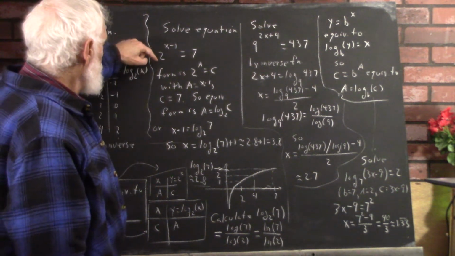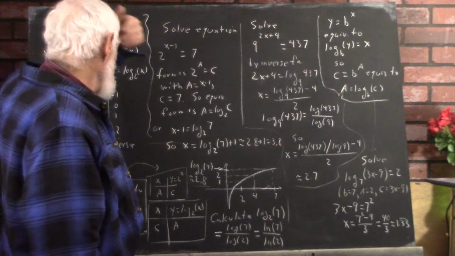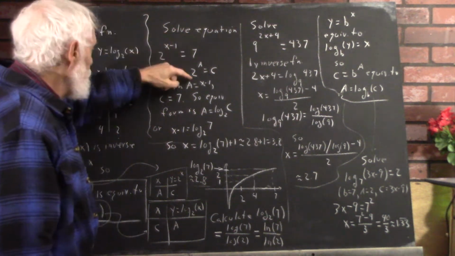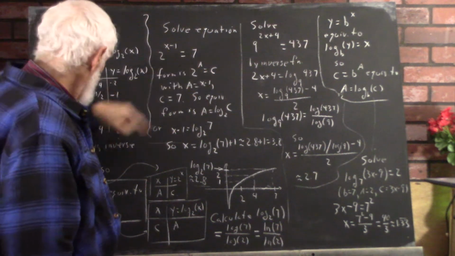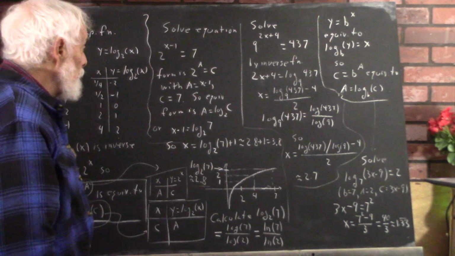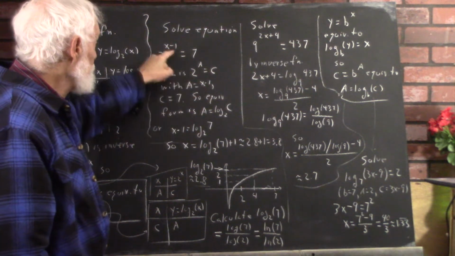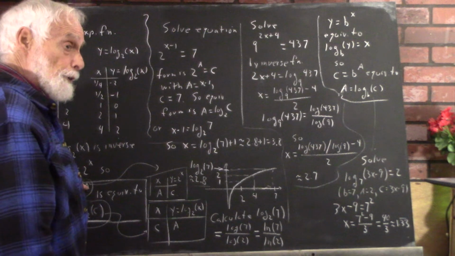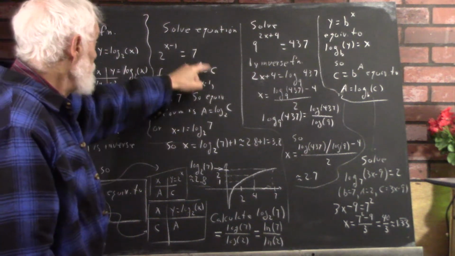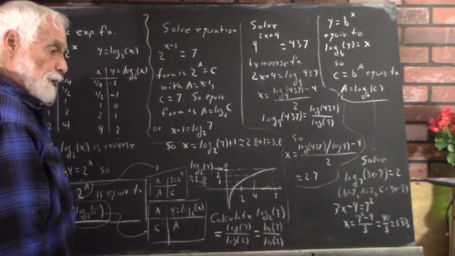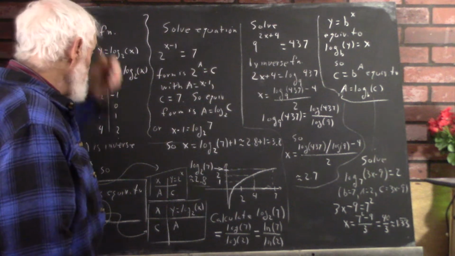Okay, so you have 2 to the x minus 1 equals 7. Well, that is of the form 2 to the a equals c, this form here, with a equal x minus 1, because a is the exponent, and c equal 7, because, of course, c is what 2 to the a equals.